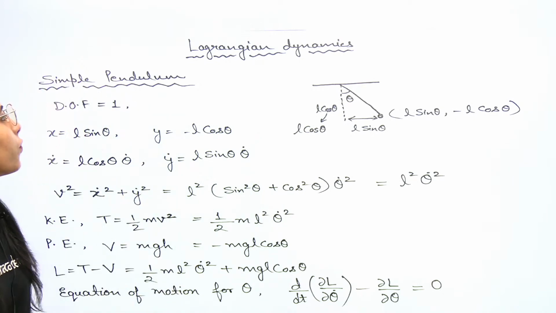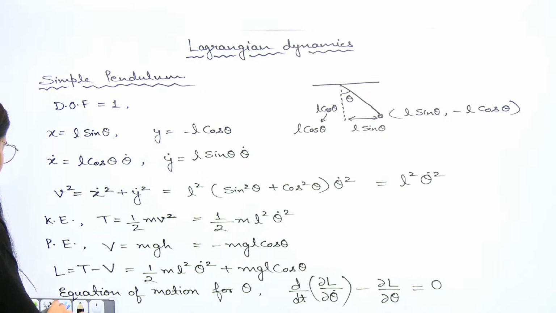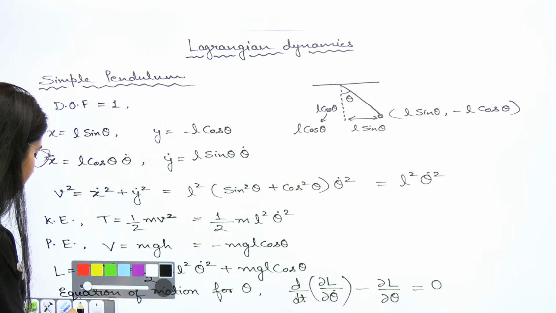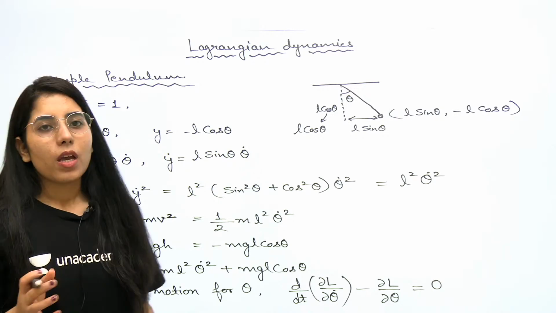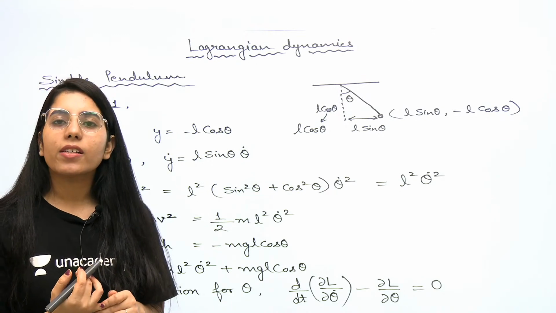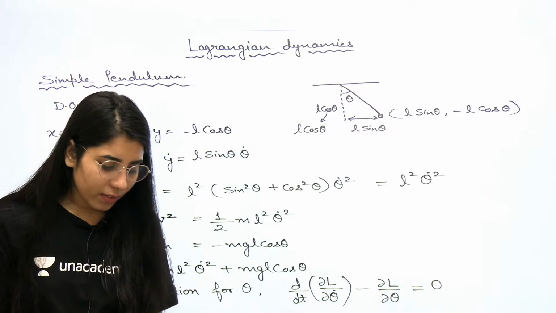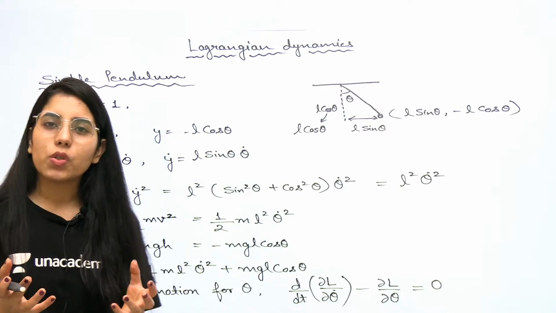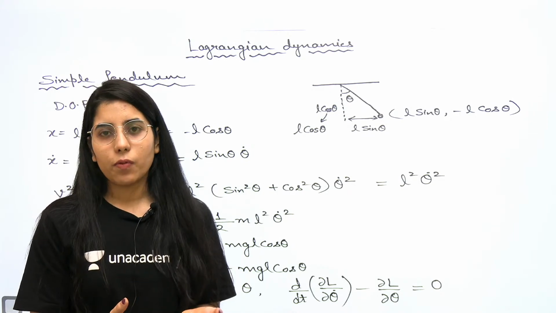So guys, if we talk about Lagrangian dynamics, we all know that it is related to the Lagrangian, which is T minus V, kinetic energy minus potential energy. Based on the Lagrangian, there are great chances that you will get questions in which you just need to find the Lagrangian itself.